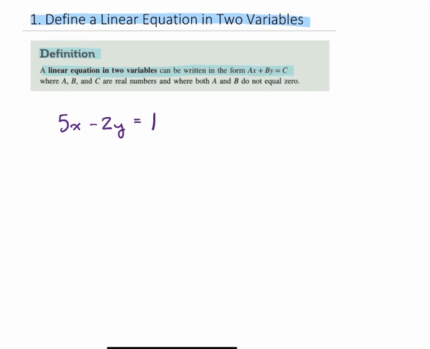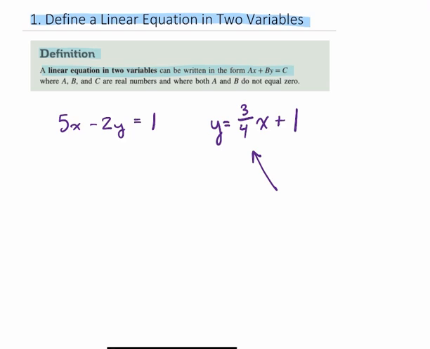So what we have is an equation that's in this particular form. And technically, we could call that the standard form of a linear equation in two variables. But it could look different. So we could have something like y equals 3/4 x plus 1. This is another useful form, which we'll get to.